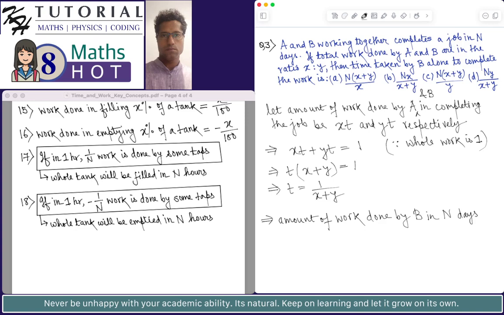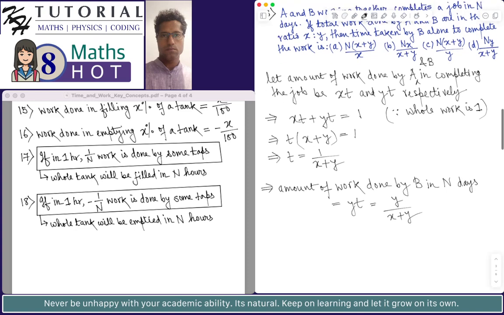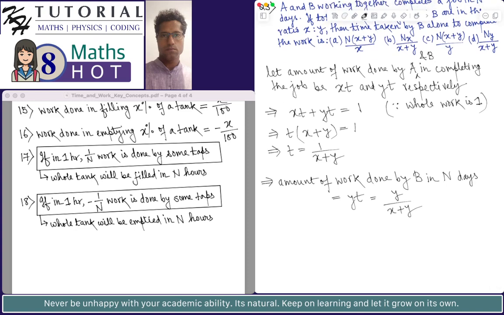So the amount of work done by B in n days will be equal to yt, as per our assumption based on the given ratio. So this is equal to y into t, which is 1 by (x plus y). So the amount of work done by B in n days is y by (x plus y).